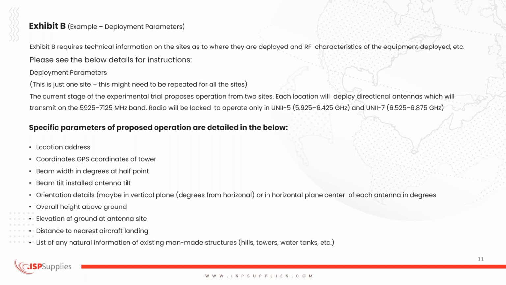If you are close to an aircraft zone, you will of course have to fill that in there. And then any other natural formations nearby, you'll want to identify those. But pretty straightforward information at this point.